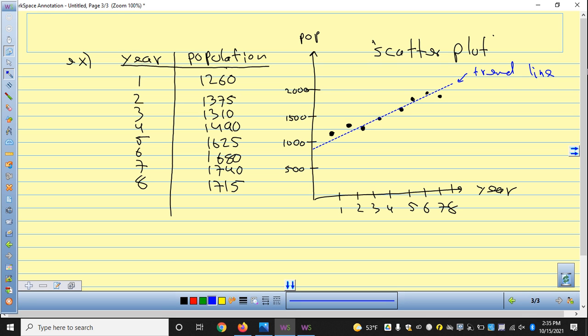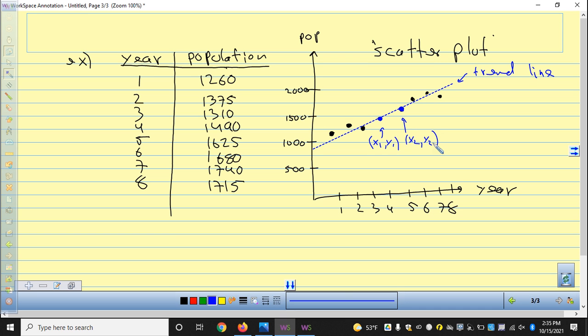Well, from my trend line, I have a couple of points that I can estimate to be on the line. So I could use this point and this point. And I can say this is x1, y1. And I can say that point is x2, y2. I have 2 points that are on my trend line.